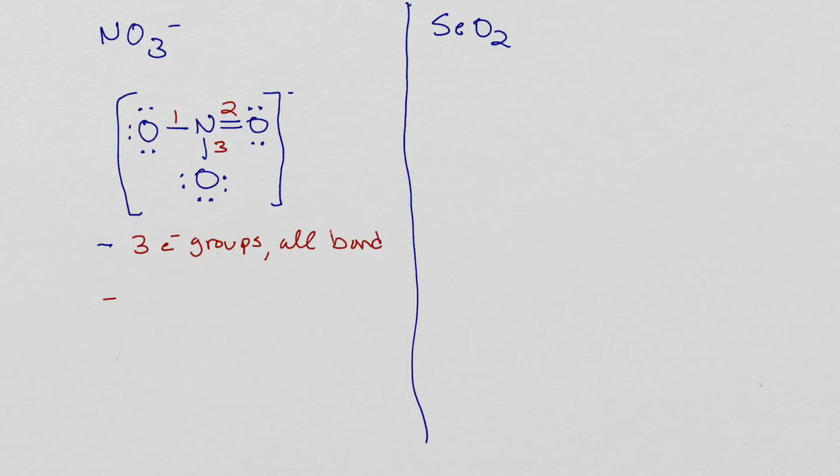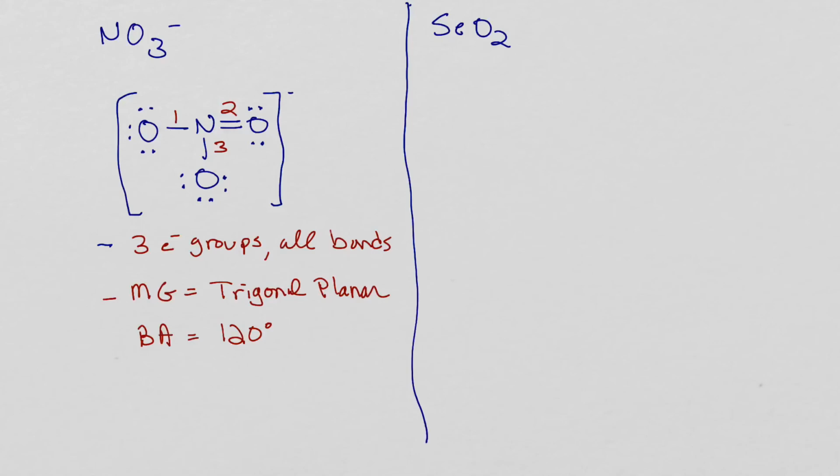All bonds. So our molecular geometry would equal trigonal planar, and our bond angles would equal 120 degrees. And that's the basic idea.